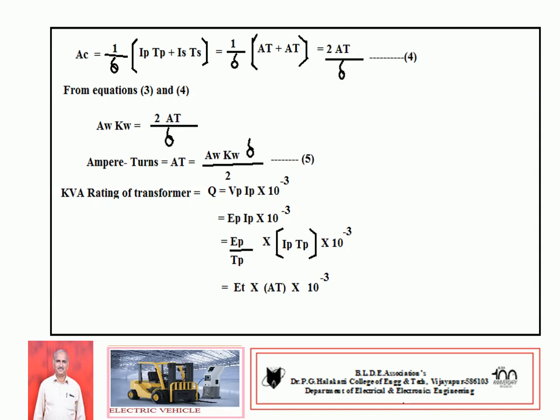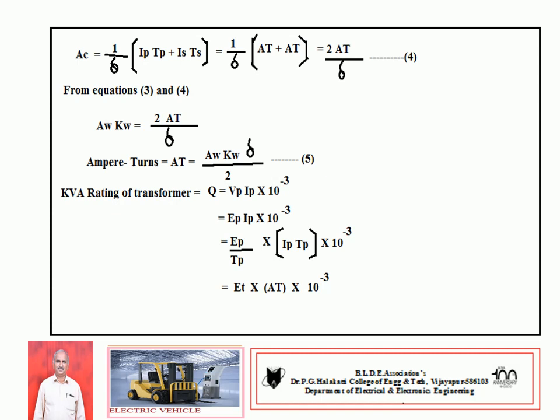Both are equal. Generally I took 80 ampere turns for both. So this expression becomes 2 times 80 divided by current density. AC equals 2 times 80 divided by current density. You call this equation number 4.